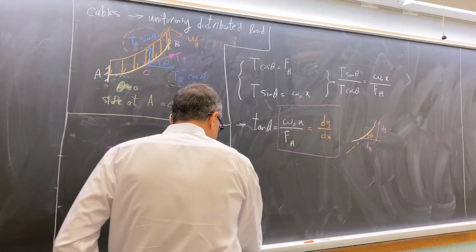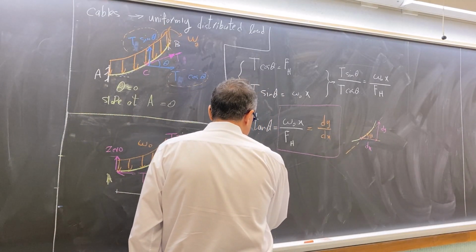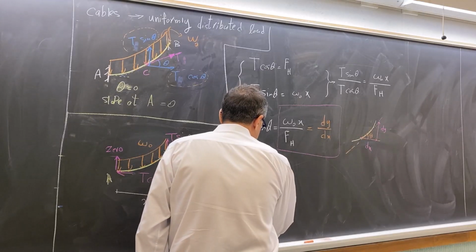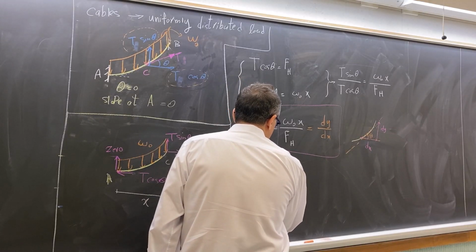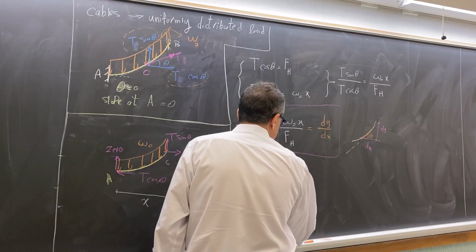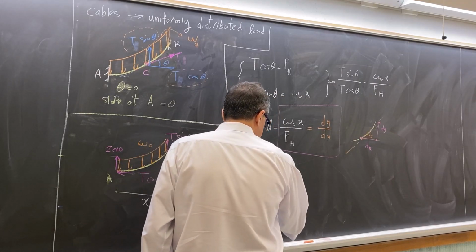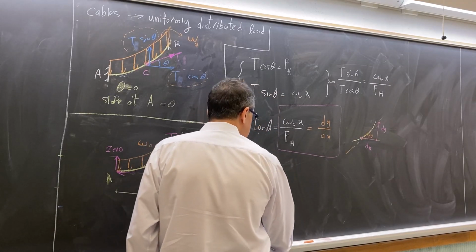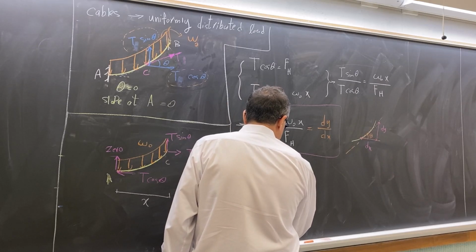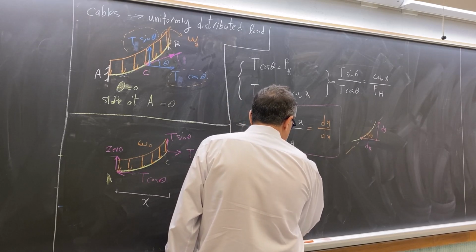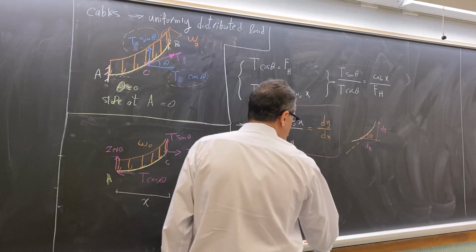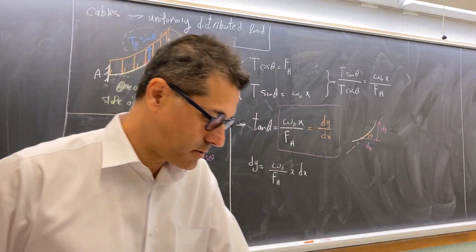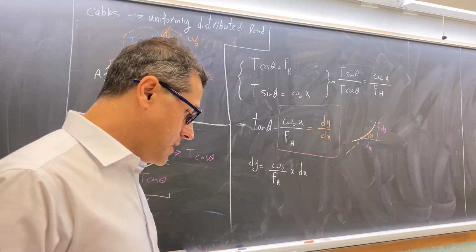We are going to write it in this way: dy is omega over Fh times x times differential of x. I just rewrite it.